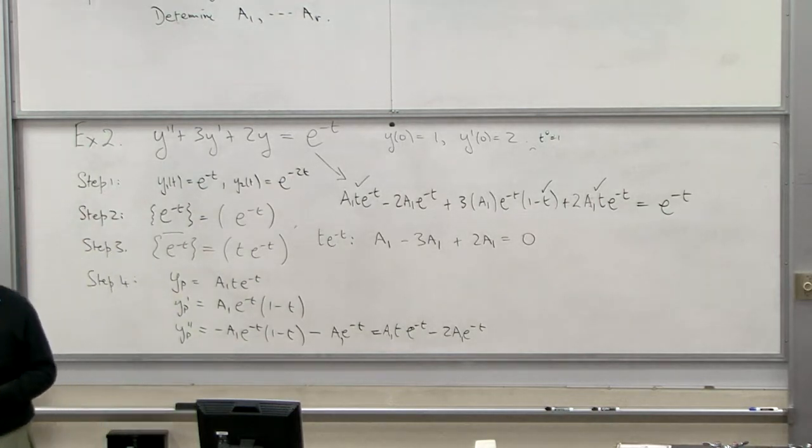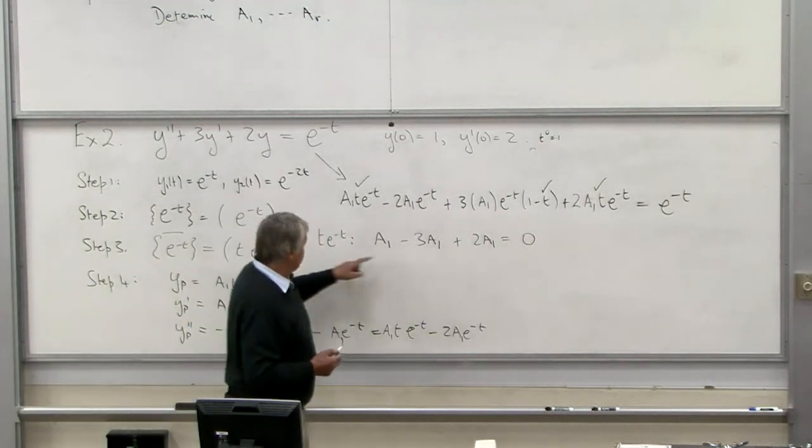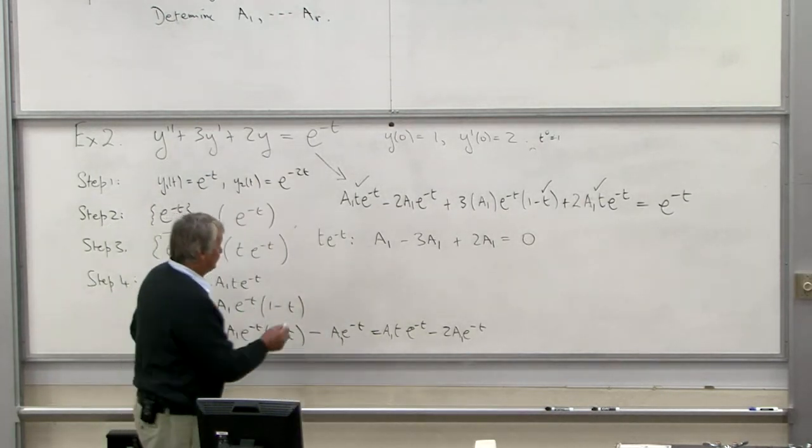And this happens simply because e to the minus t is a solution of the homogeneous equation. So you will always have the right number of constants, even though at the beginning it didn't look like it. Because e to the minus t satisfies the homogeneous equation, the coefficient of this guy will go away.